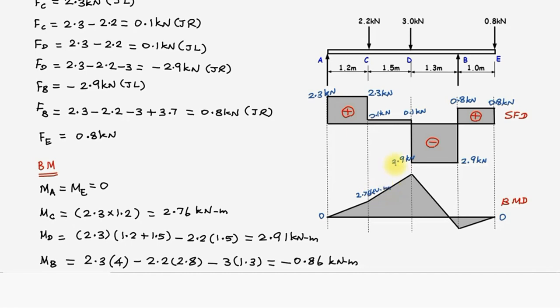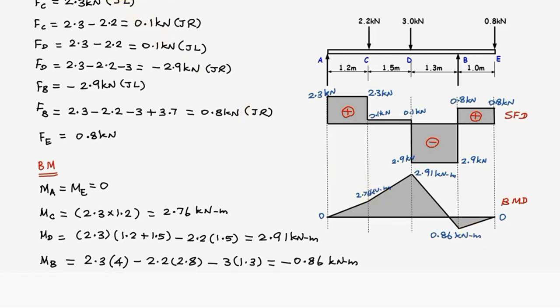The bending moment at the point D is 2.91 kilonewton meter. Coming to the point B, the bending moment at the point B is 0.86 kilonewton meter negative, and we shade the entire area.